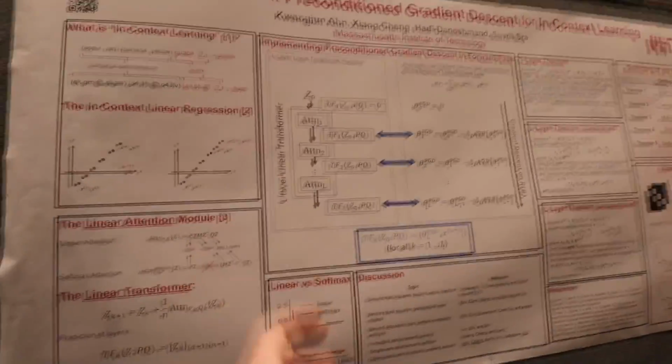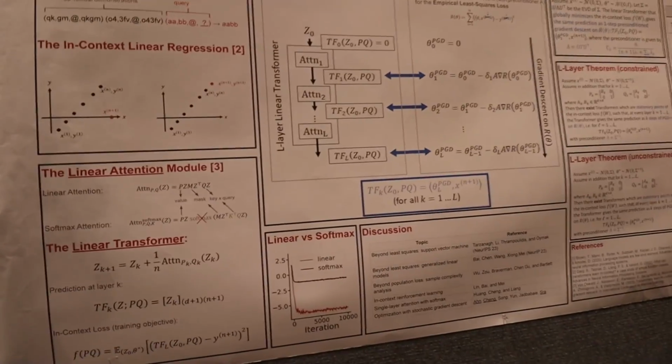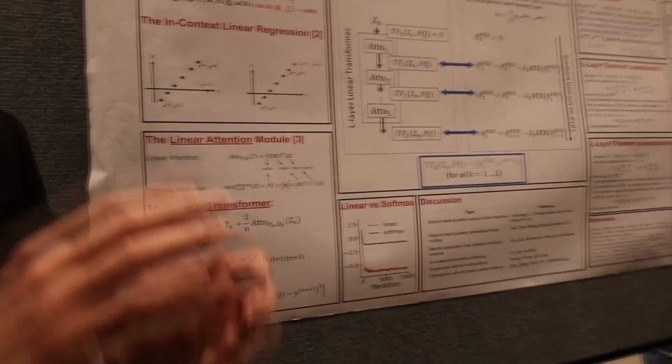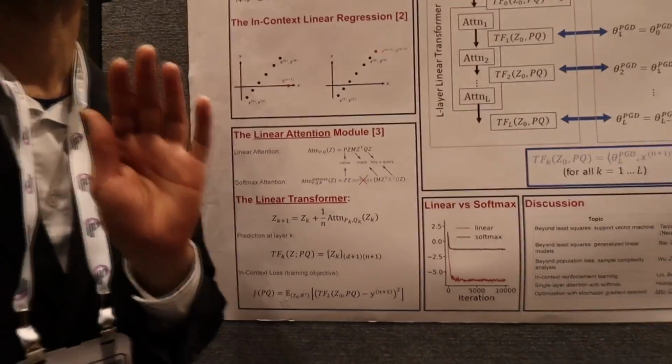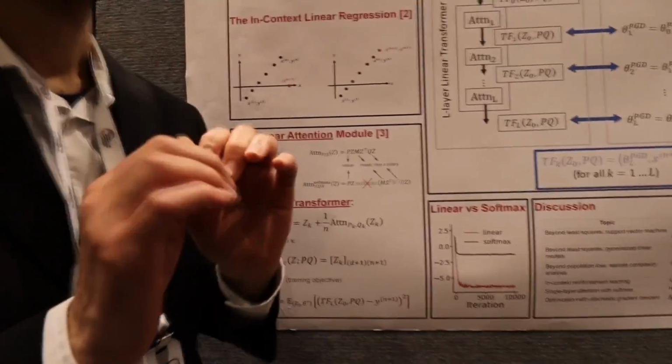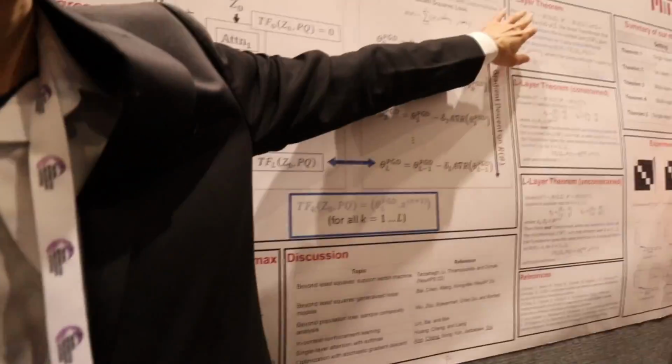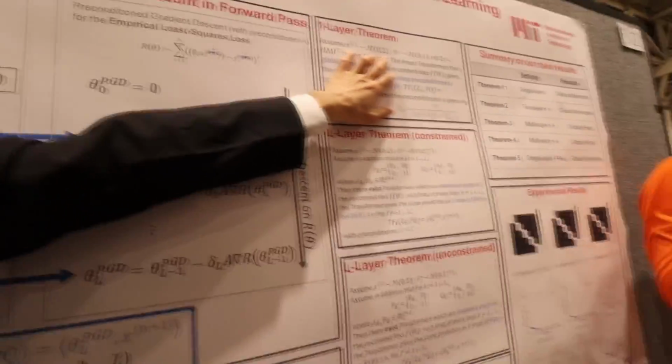It seems like you're more saying it's actually doing an algorithm internally. So there is a memorization, as you said. That's correct. Suppose that you have a data distribution that is Gaussian with some covariance.